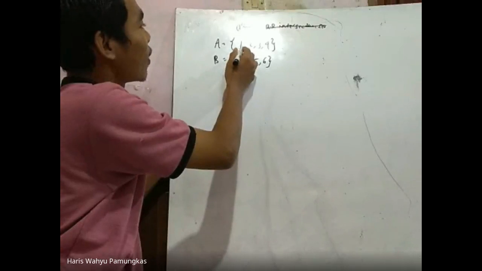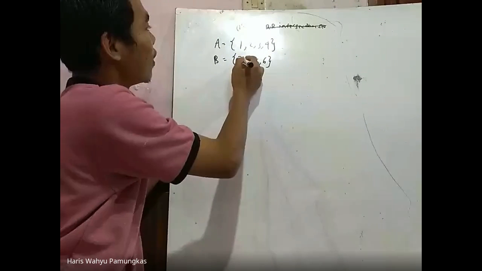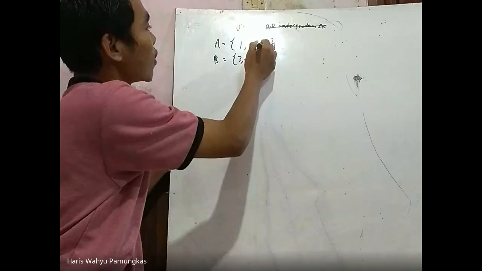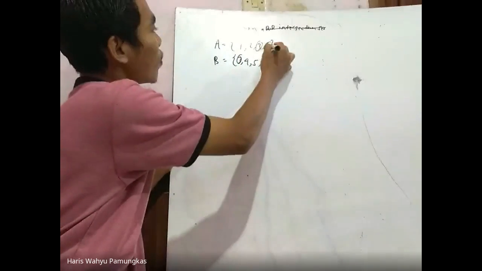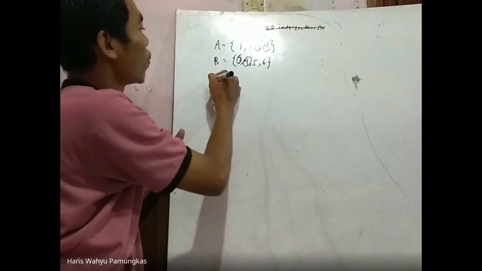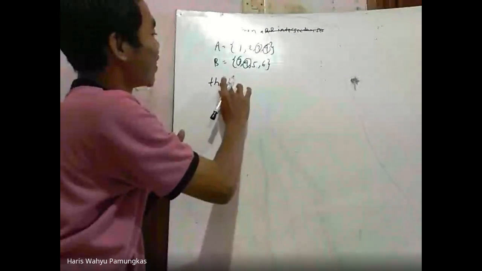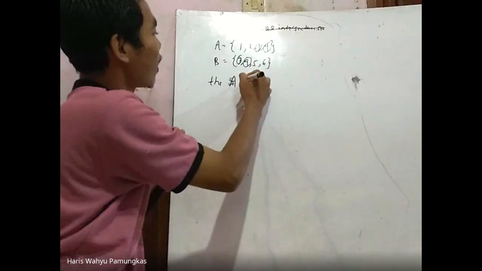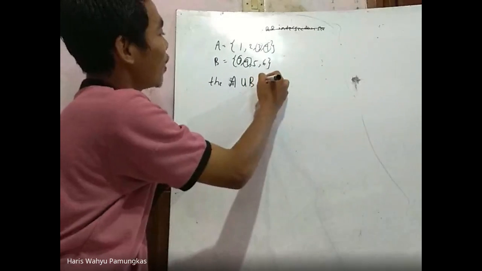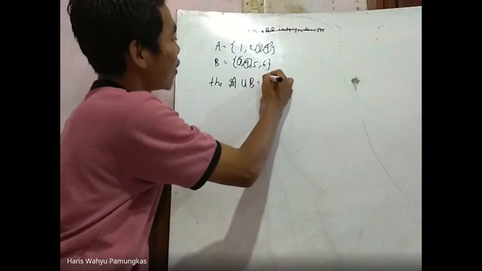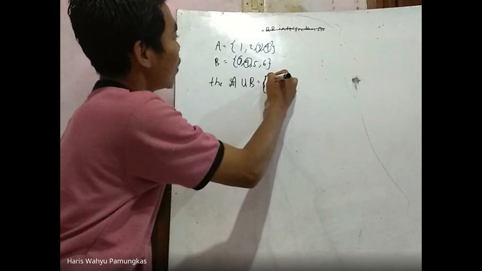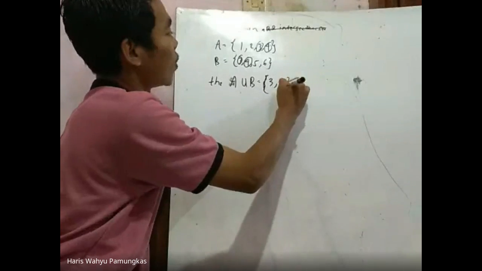We will choose the elements that are common, this is 3 and 4. So the union of A and B is 3 and 4. Finish. Are you sure? The answer is 3 and 4.